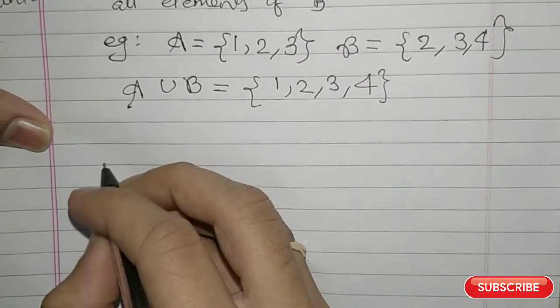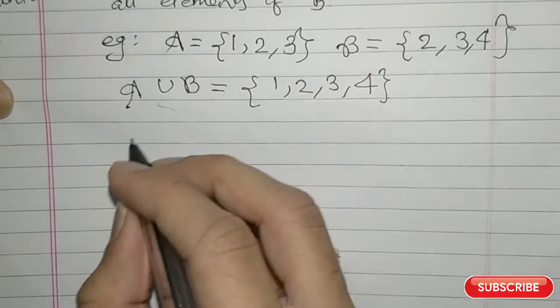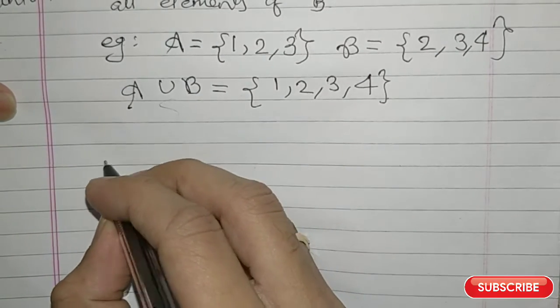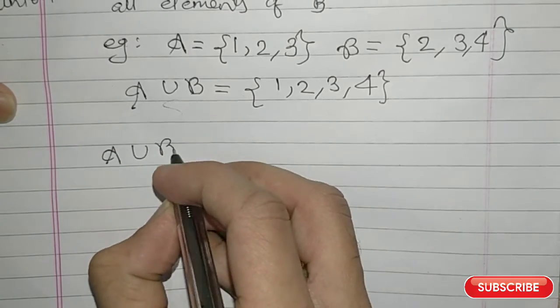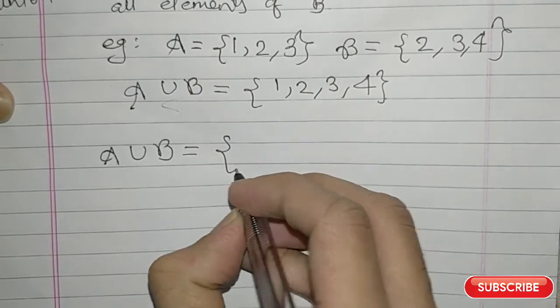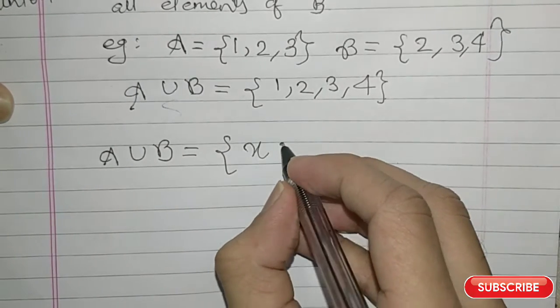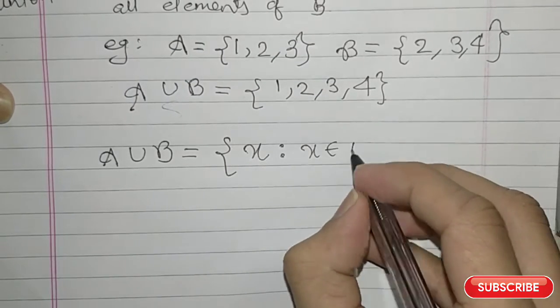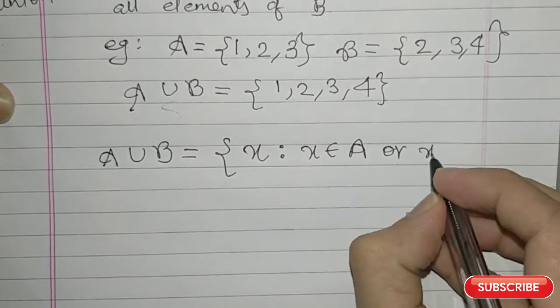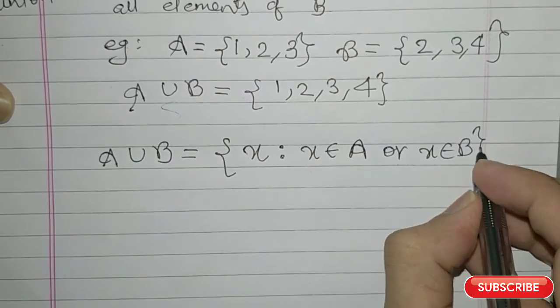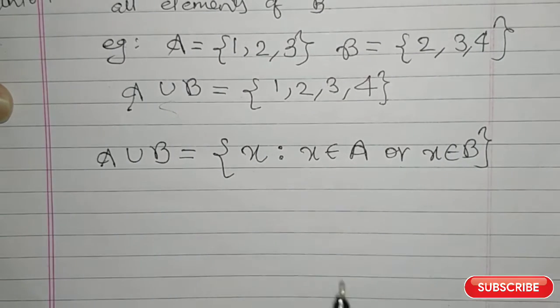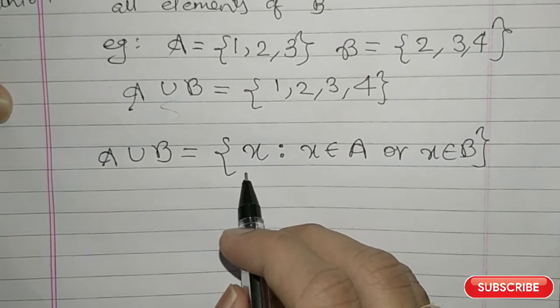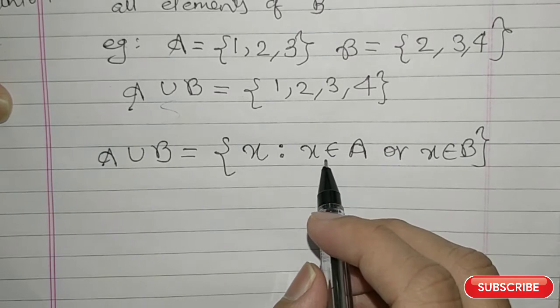Now let us look at the set builder form of this set A union B. A union B is equal to the set of all x such that x belongs to A or x belongs to B. So here all the elements x are what?